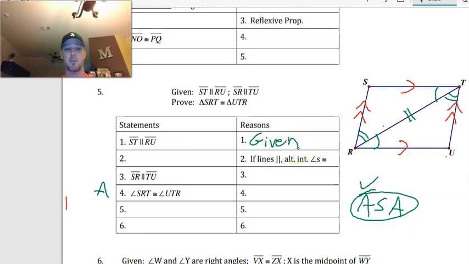But because of those parallel lines, as soon as I labeled these parallel, what was I able to label as congruent? Well, based on these parallel lines cut by this transversal, I was able to label angle STR here as congruent to, on the other parallel line and transversal, angle URT.